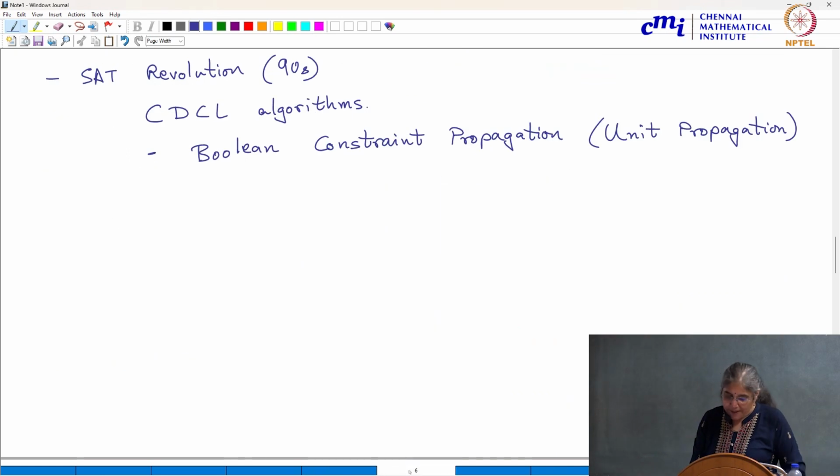Okay? So this is something which is there in all CDCL algorithms as well, but it came from the earlier DPLL algorithms. In modern SAT solvers, about 99% of the time is spent on unit propagation.